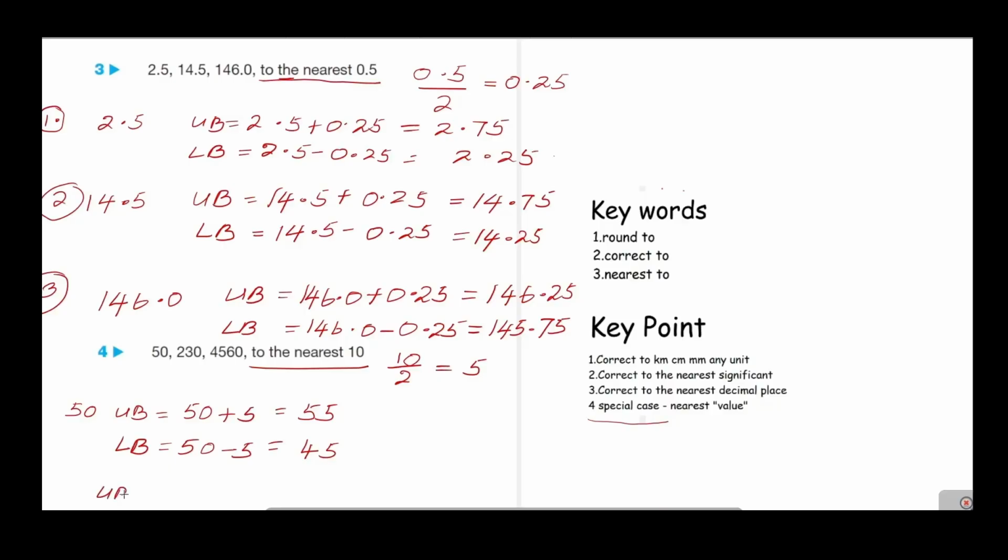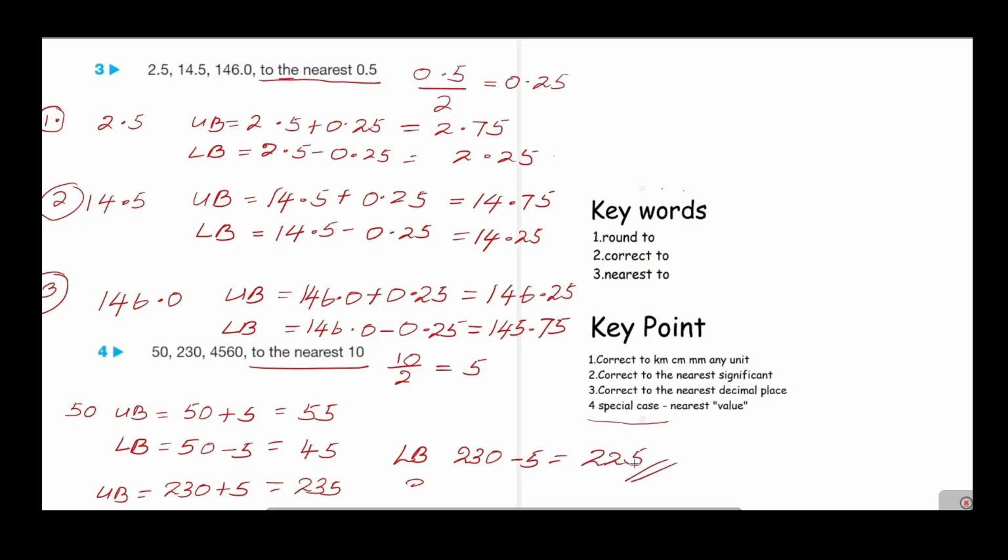If we want to get upper bound, 230 plus 5, it is 235. Then if you want to get the lower bound, 230 minus 5, which becomes 225.